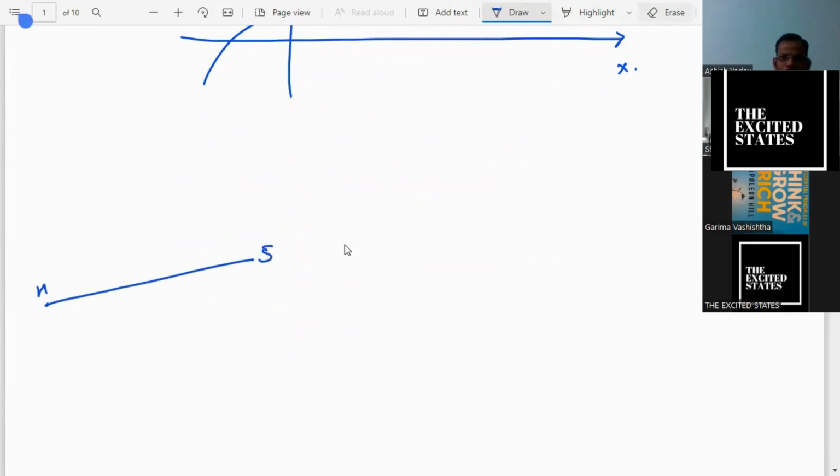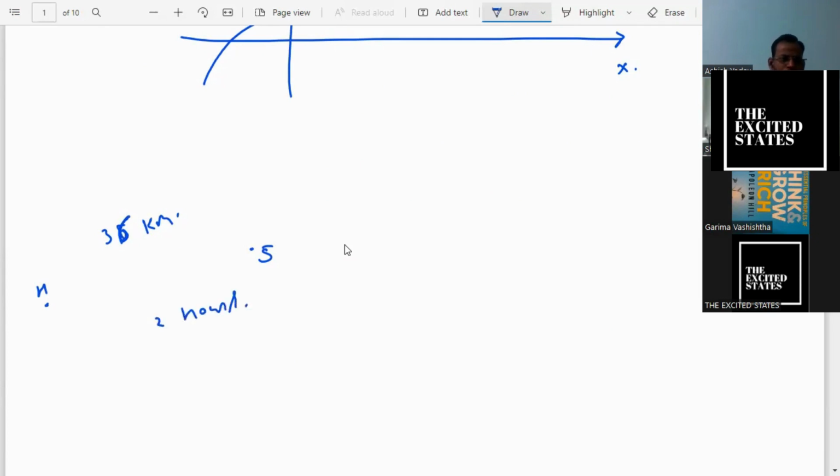You are going from your home to school, not in a straight line, in any path. This is your home, this is your school, and let's suppose the distance is 36 kilometers, and you take 2 hours of time.